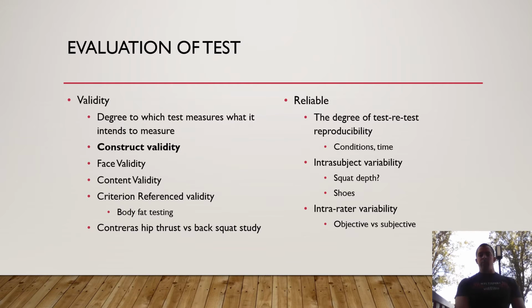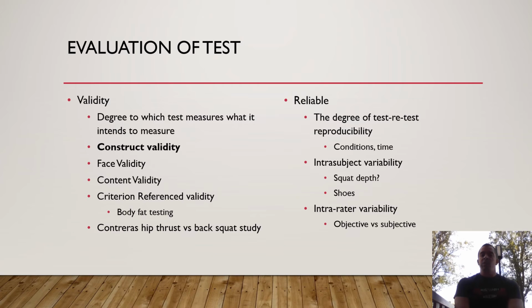Some things that you should absolutely know when applying tests are validity and reliability. At the very basic level, you have to understand the difference between validity and reliability. Validity can be defined as the degree to which a test measures what it intends to measure. There are several subforms of validity, with the main one being construct validity. Construct validity is when a test measures some sort of specific construct. What's a specific construct?